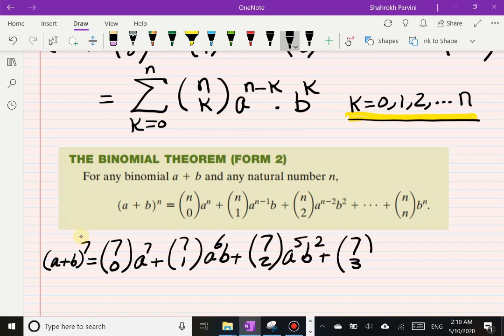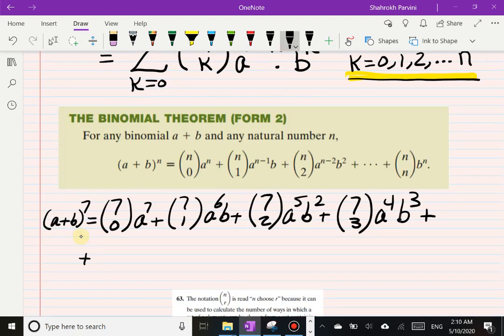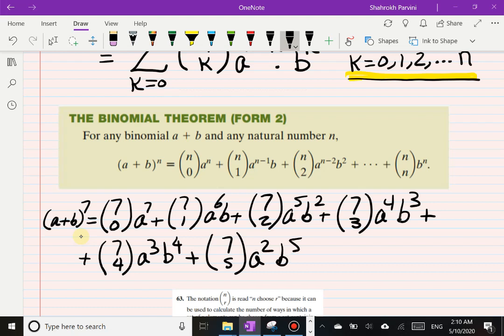Next, 7 choose 3, a to the 4th. I'm just drawing on the pattern, so it's so easy. If you recognize the pattern, you can do this. And a squared, b to the 5th. Next one's going to be 7 choose 6, a b to the 6th, 7 choose 7, b to the 7th.